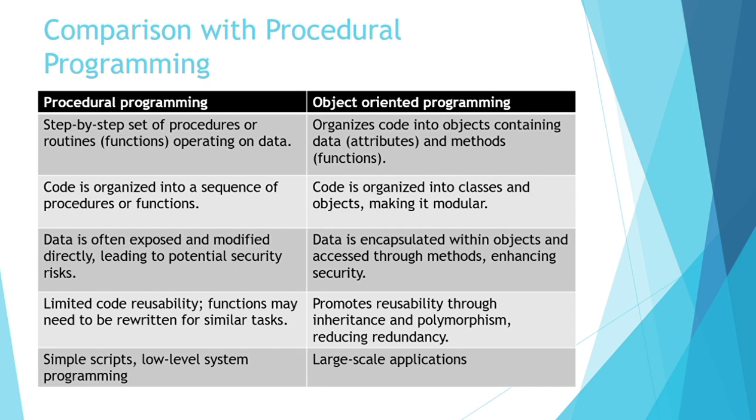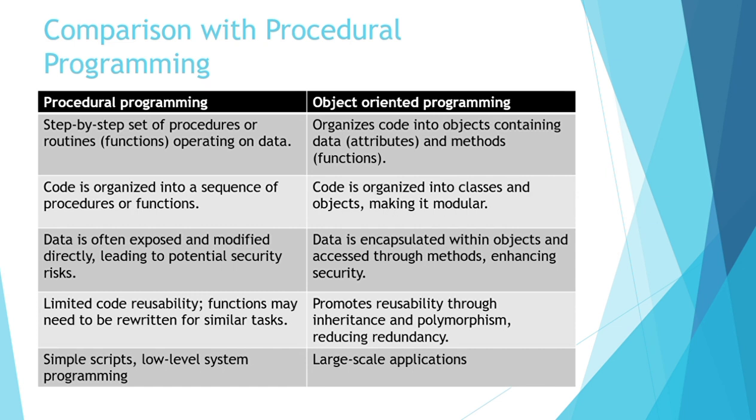Procedural programming follows a linear, step-by-step approach where code is written as a sequence of functions operating on data. In contrast, object-oriented programming structures programs around objects, making them more modular and reusable. While procedural programming is efficient for small projects, it can become difficult to manage as code bases grow.